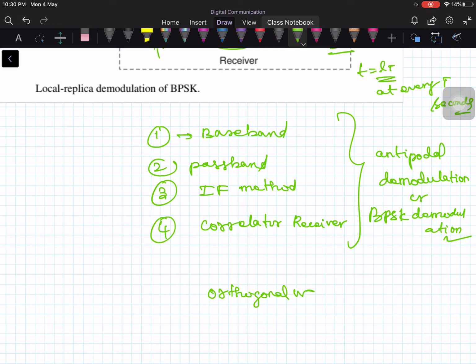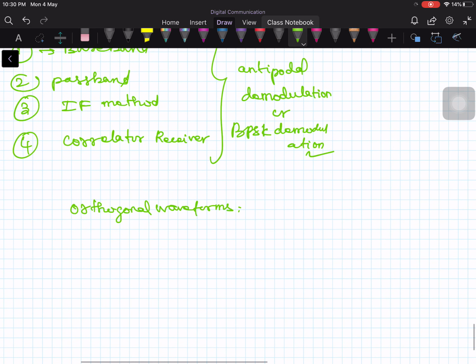The example for orthogonal waveforms is FSK, frequency shift keying, binary orthogonal waveform. It uses only 2 signals, binary FSK. And this is the most important example for orthogonal waveforms. So that we will discuss in the next lecture.